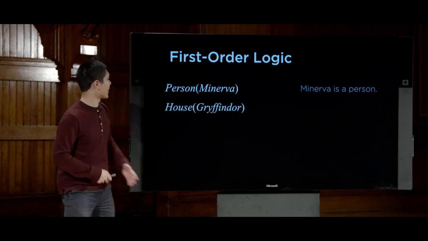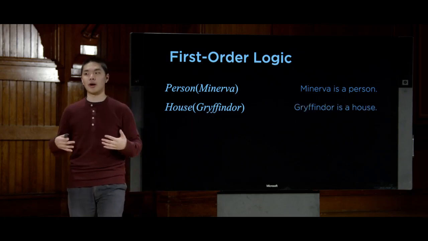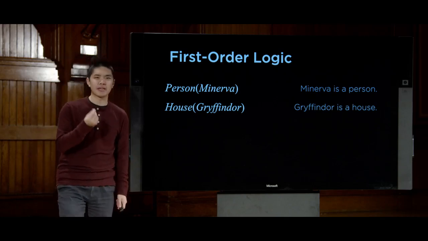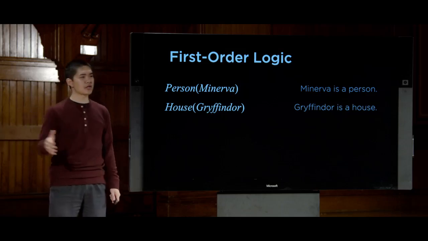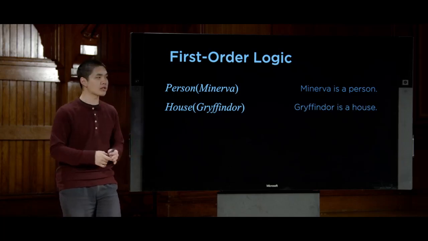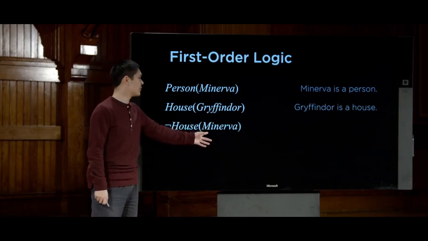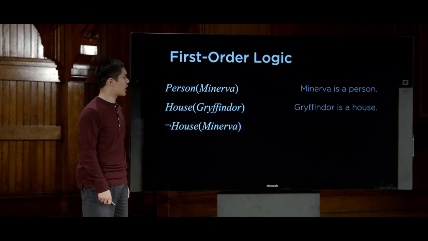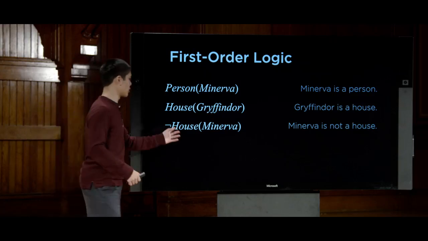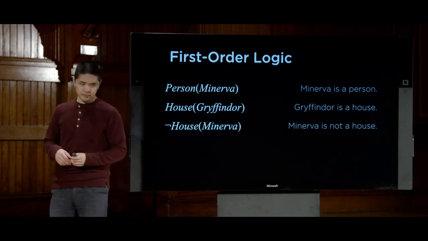Meanwhile, I can say something like House Gryffindor to likewise express the idea that Gryffindor is a house. And all of the same logical connectives that we saw in propositional logic are going to work here too. So and, or, implication, biconditional, not. In fact, I can use not to say something like not House Minerva. And this sentence in first order logic means something like Minerva is not a house. It is not true that the house property applies to Minerva.